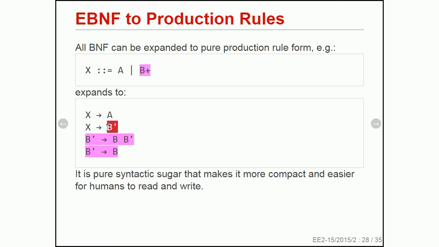So it's saying, well, b prime is one of the derivations of x, and b prime can either be a single b followed by b prime, and that can go round for as many times as you want, or b prime can be b. And if you think of the derivations, that means that b prime here could be a single b, or it could be multiple b's. So that meets our definition of b plus.